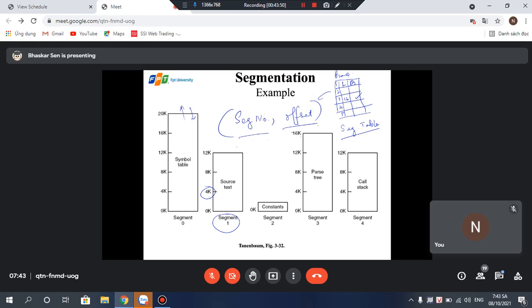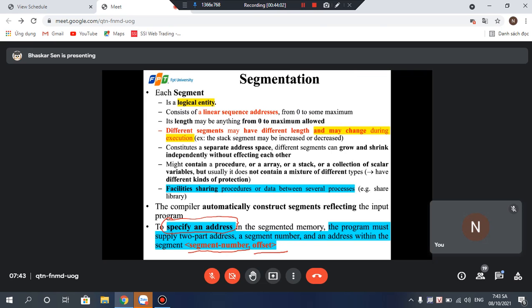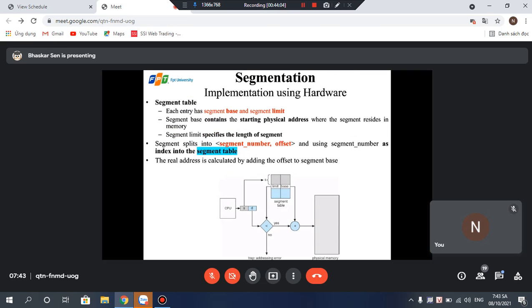And how do we calculate the physical memory of any address, any line of code, from any segment? The calculation is very simple. We'll see it right here and then we'll move back. We have a segment number and an offset, and we also maintain the segment base and the segment limit.